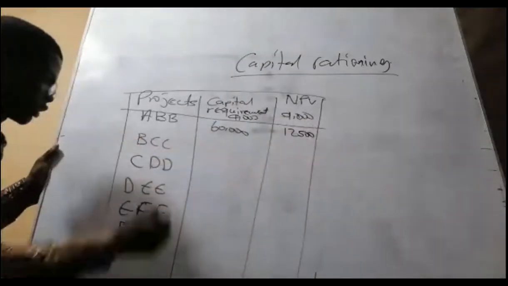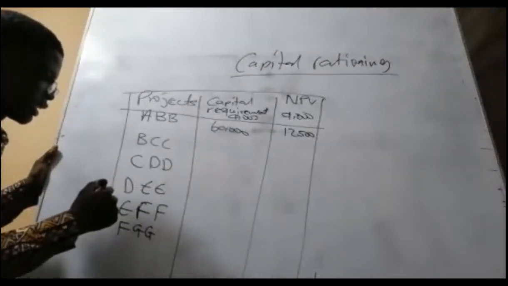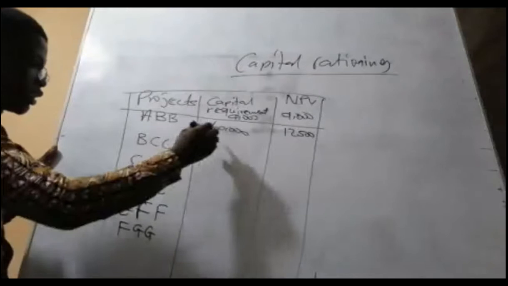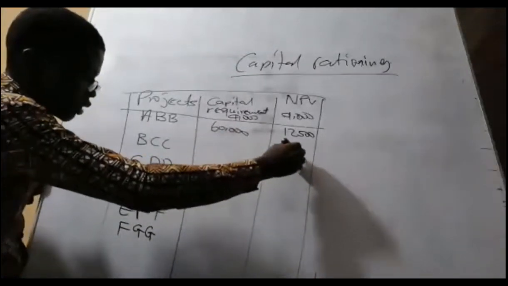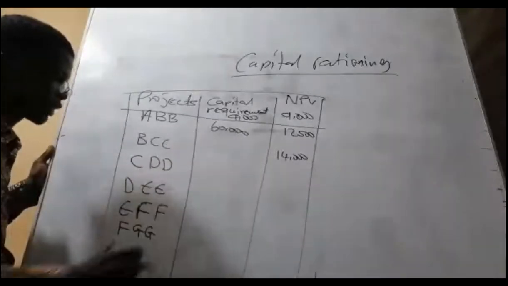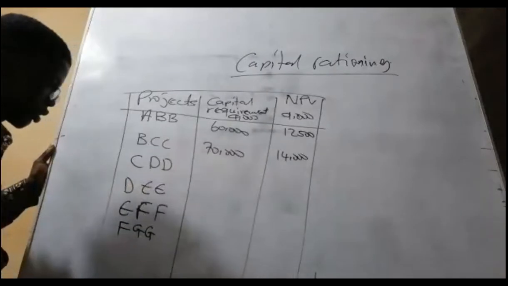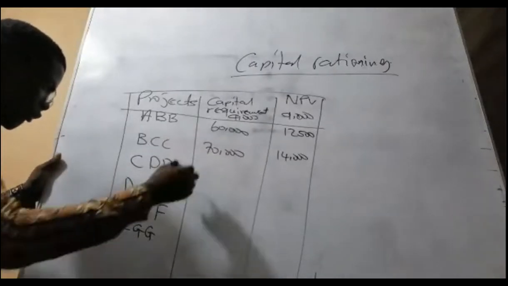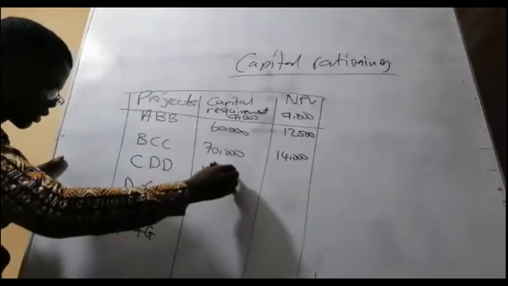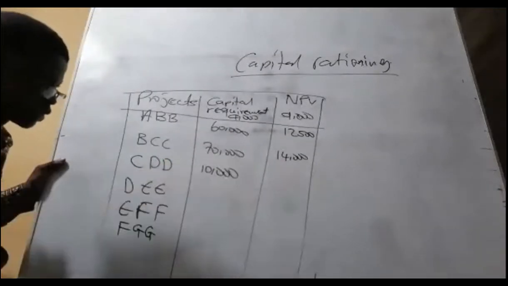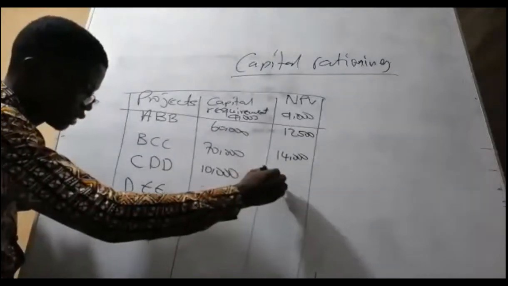For project BCC, the NPV is 14,000, but the capital investment is 70,000. Project CDD, you need just 10,000 Ghana cedis, and the NPV is around 4,000.